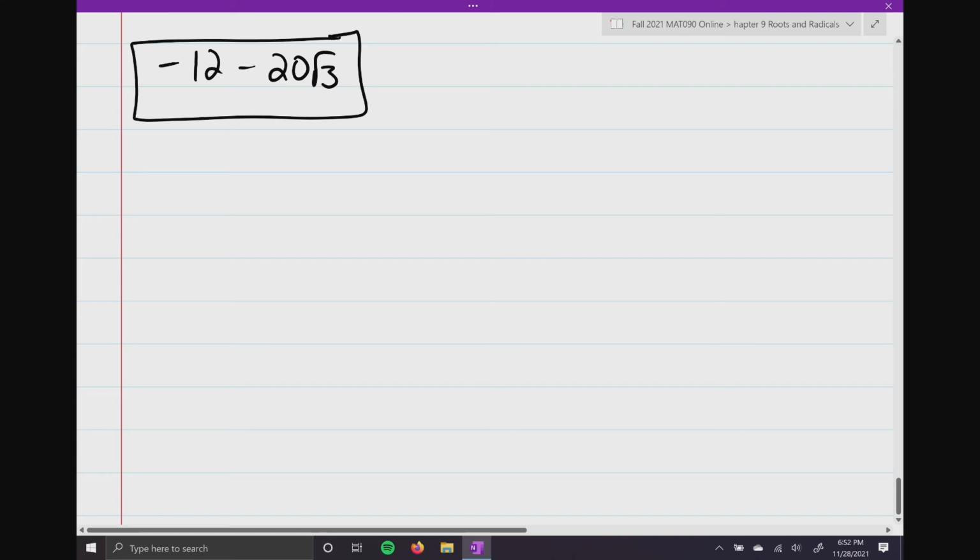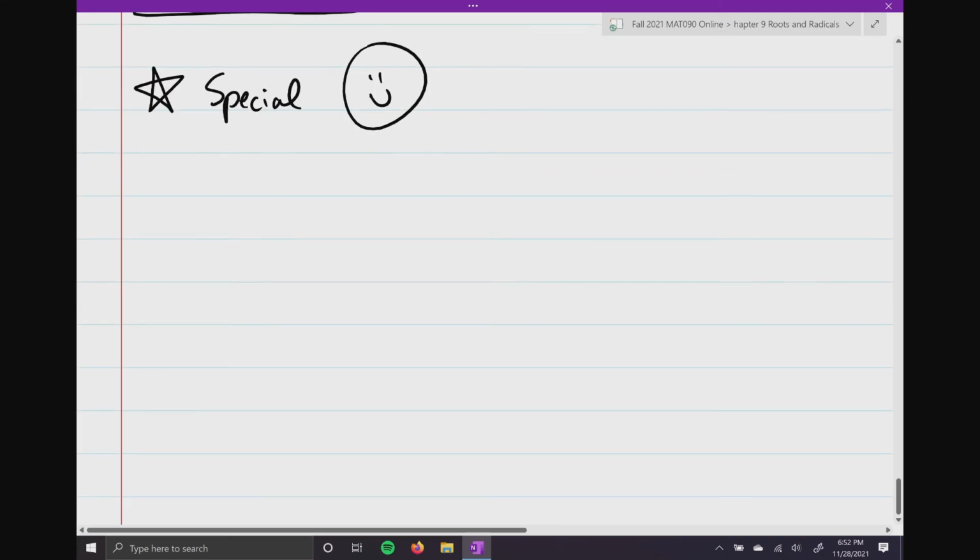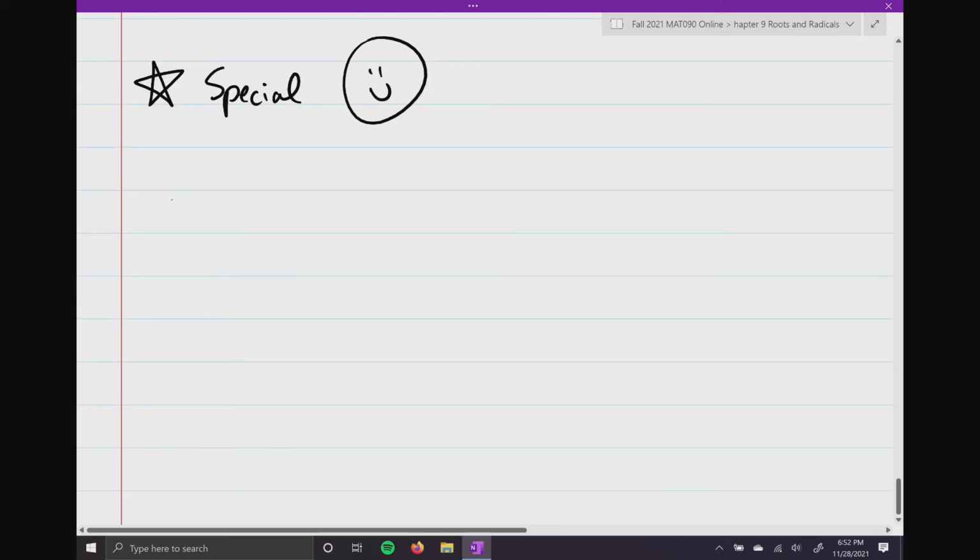Now, the last couple examples I'm going to do here are the really special ones. So I'm going to put a big star. And these are very special because we get a big happy face when we see them because they're very simple. So I want to look at 4 minus the square root of 2 times the quantity 4 plus the square root of 2.